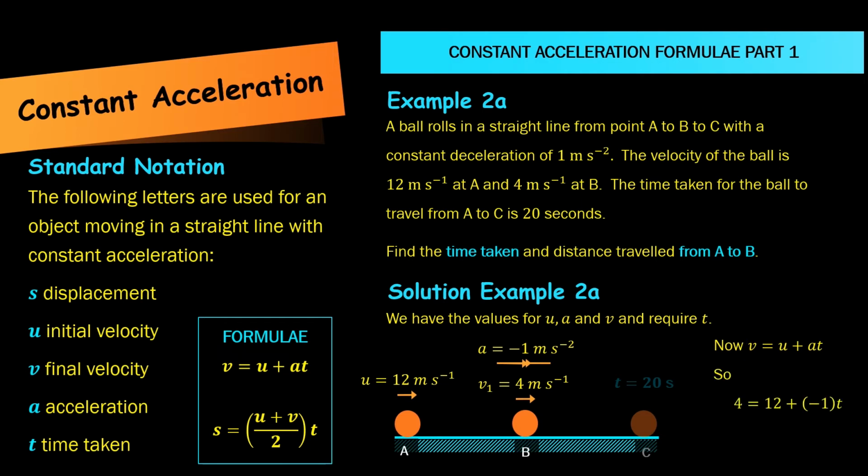So therefore, let's plug in all the values. We have u equals 12 here, v equals 4 here, a equals -1 here, and of course we're trying to find time, t. So rearranging this, we have one equation and one unknown. We have that t equals 8.